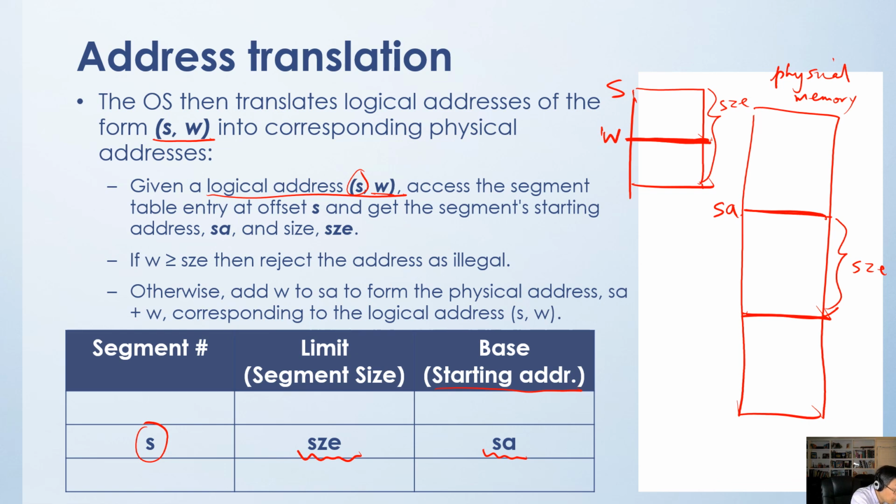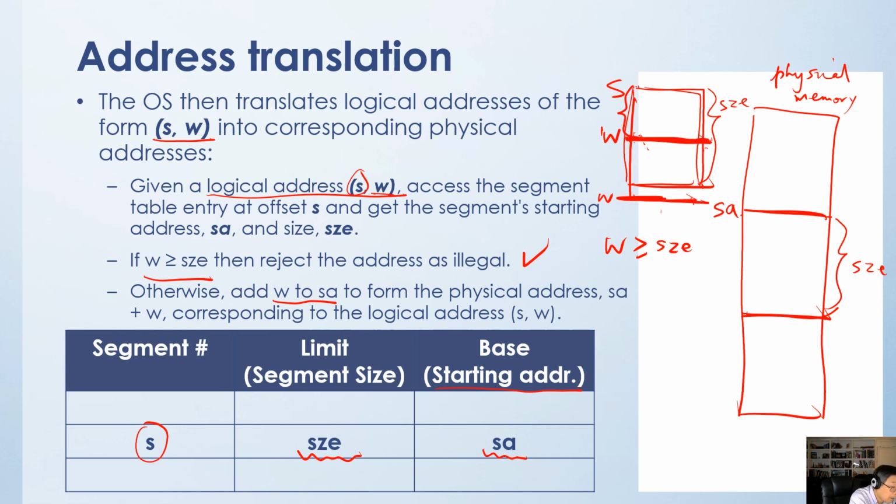Now, if W is greater than or equal to the size, that means this W is not in this segment. This W is outside this segment. So we just say this W is illegal. It's not in this segment. Otherwise, we're going to add W to SA, because this W basically tells the location of this address relative to the beginning of this segment.